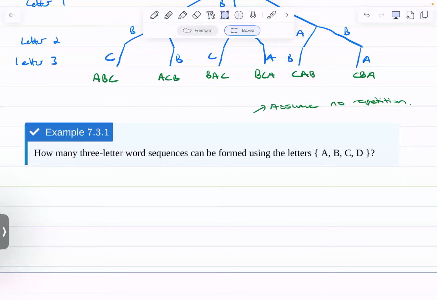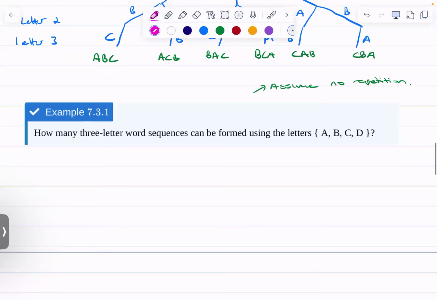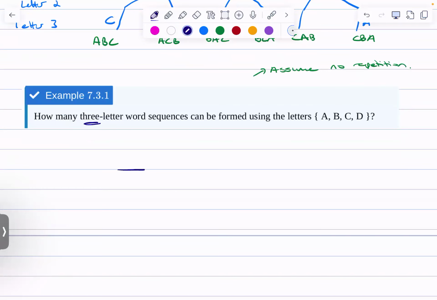How many 3-letter word sequences can be formed using the letters A, B, C, D? Now I have 4 things to choose from, and I only need 3. Again, the slots are going to work here. Because I want 3, I have letter number 1, letter number 2, and letter number 3.